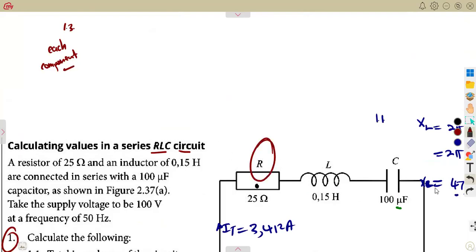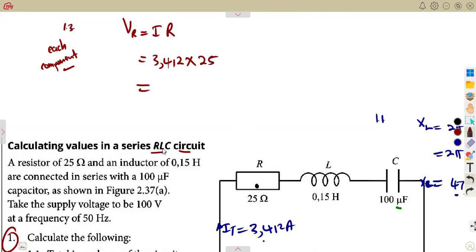Across the resistor, VR is the total current times the resistance value: 3.412 times 25. The product gives us VR, which is 85.3 volts.